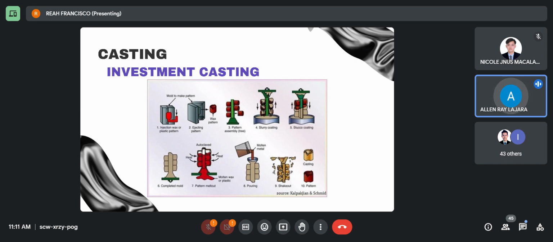Then sa 8 naman po ay lalagyan na natin ng molten metal yung nabuo nating mold. Then sa 9, pag tumigas na ay babasagin na natin yung stucco coating. And then sa 10 ay makikita na natin yung final object.